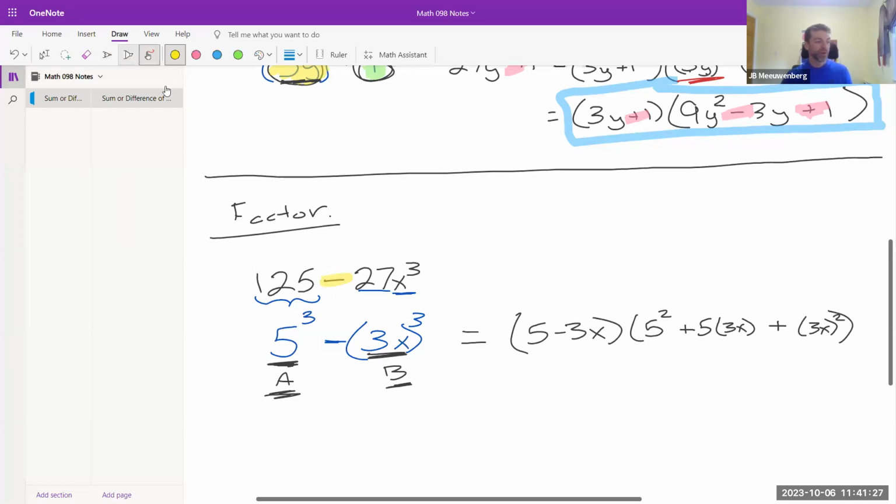Did you get all the things in the right place? 5 minus 3x, 5 squared, plus 5 times 3x, plus 3x quantity squared.